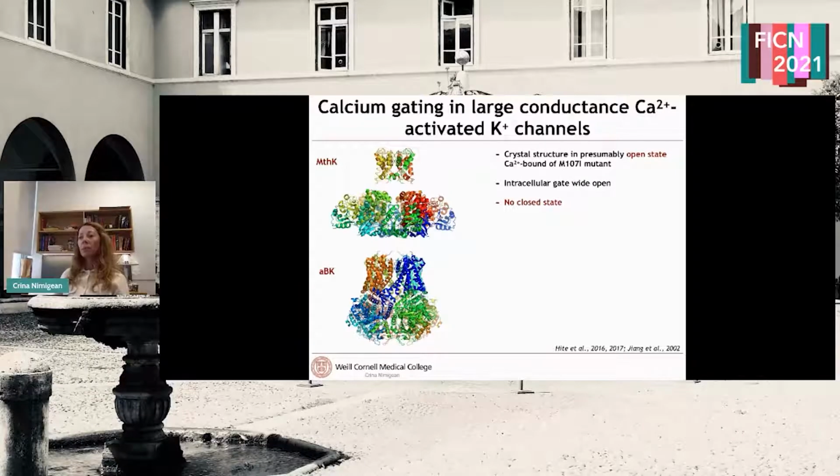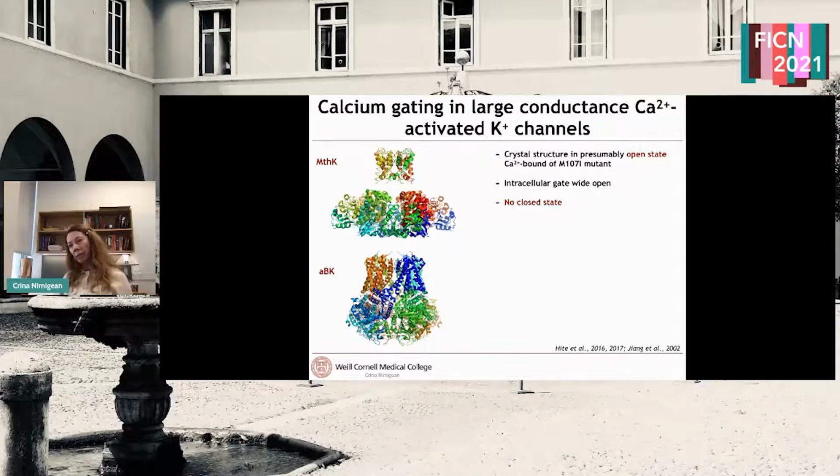Now, the second member of the family is the BK channel, a eukaryotic BK channel, which has, in addition to an RCK gating ring that is homologous to that of the MTHK, and in addition to the pore domain, which is also homologous to that of MTHK, voltage sensor domains that you have heard about in the previous talk. So the voltage sensing domains also modulate the opening of this pore.